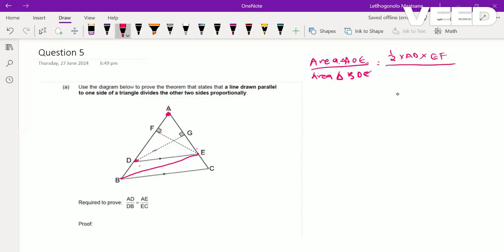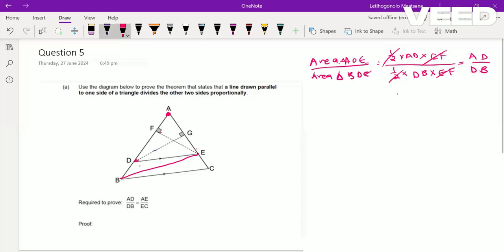For the small triangle, 1/2 multiplied by our base, in this case DB, and our perpendicular height will be the same, EF. So that cancels, that cancels, that cancels, and we get the ratio of the areas as equal to AD over DB.